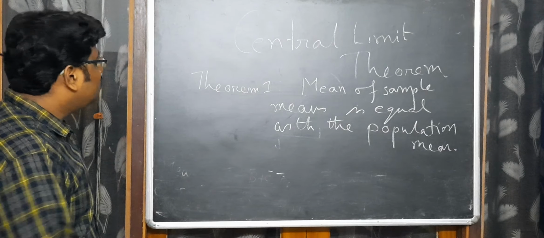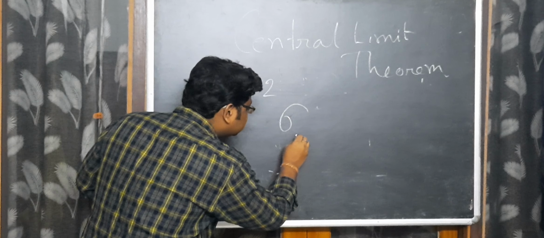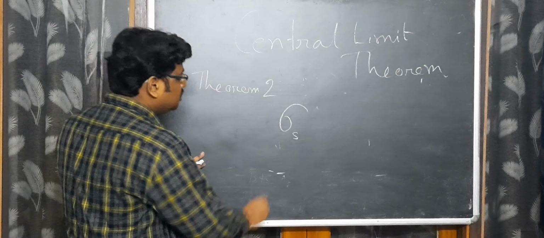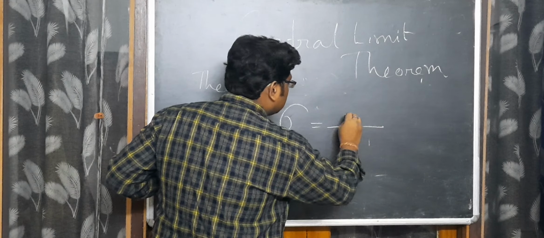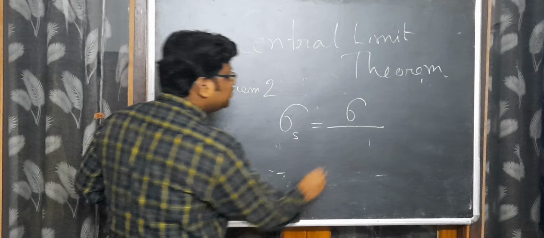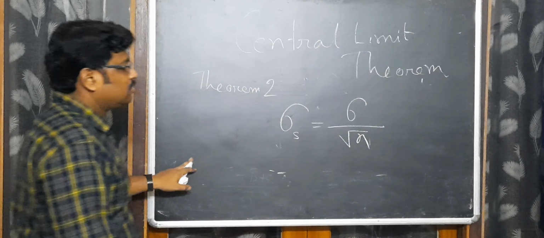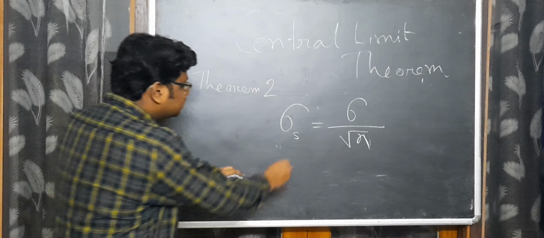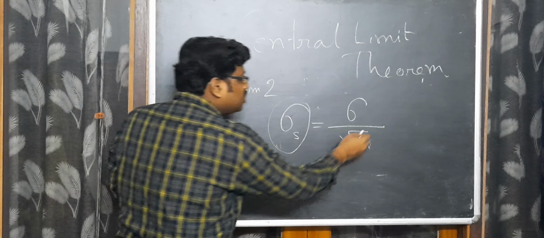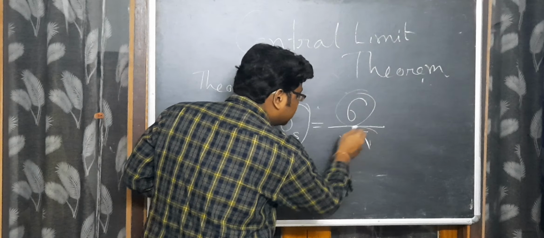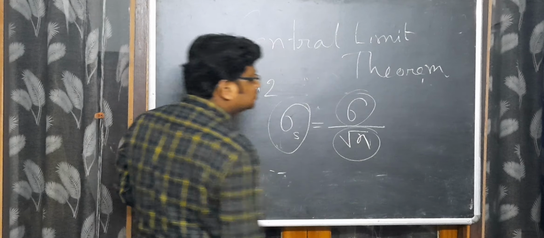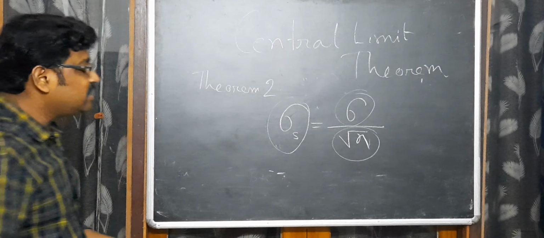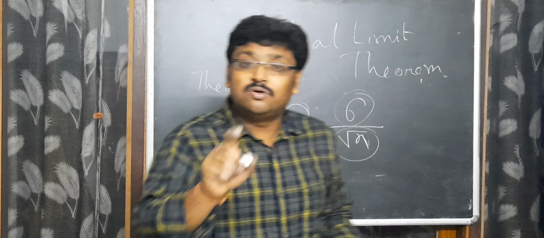Now, the second theorem is: the standard deviation of the sample mean is equal to the population standard deviation divided by root n. Here n is nothing but the number of samples.